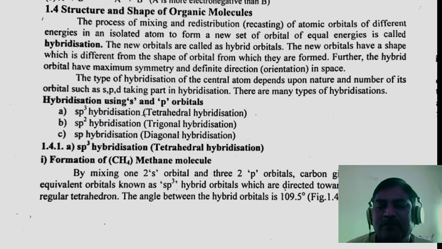The overall hybridization is called sp3 hybridization.